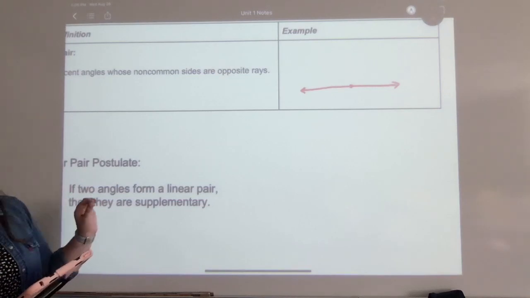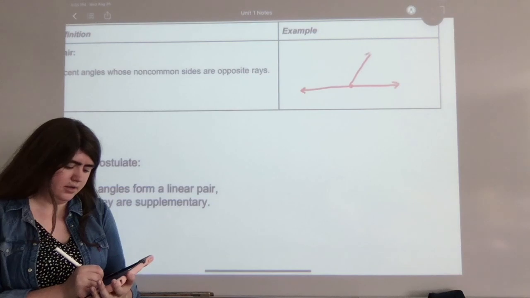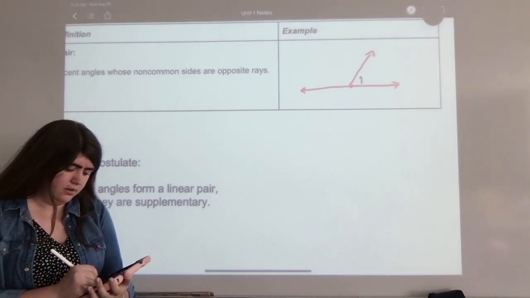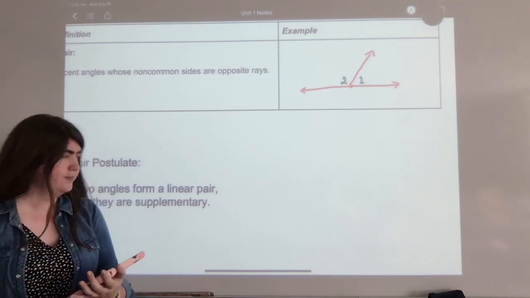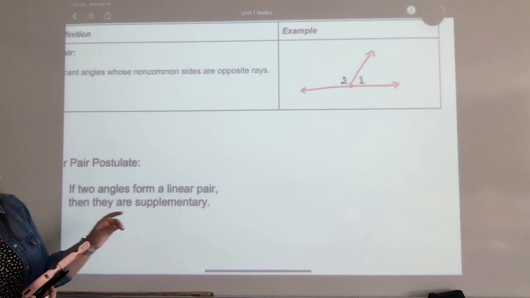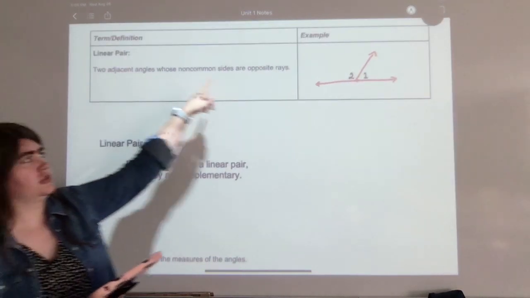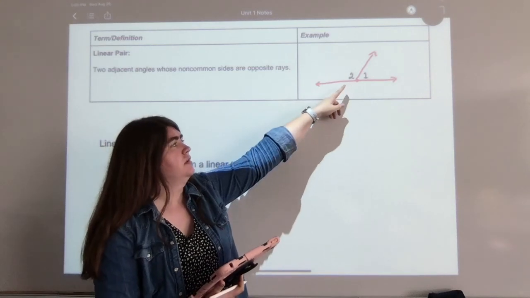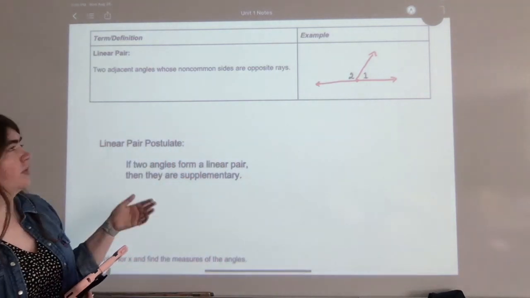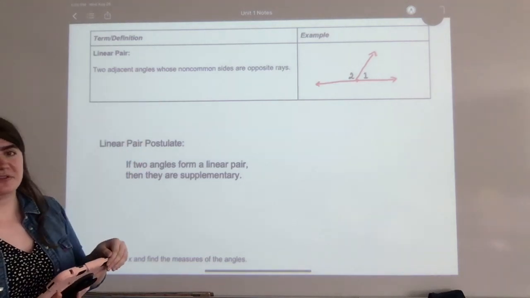And these are two adjacent angles, so if I were to shoot off another angle here and call these angle 1 and angle 2, then I could say that angle 1 and angle 2 are a linear pair because they're two adjacent angles whose non-common sides are opposite rays.